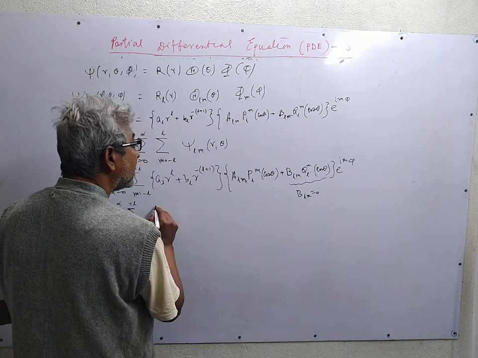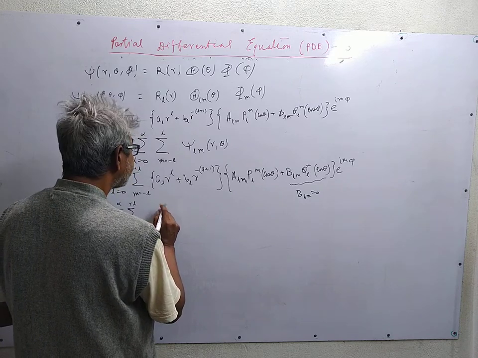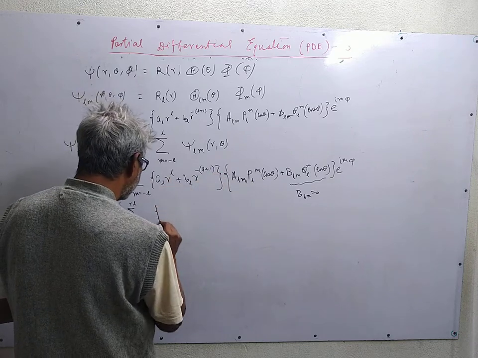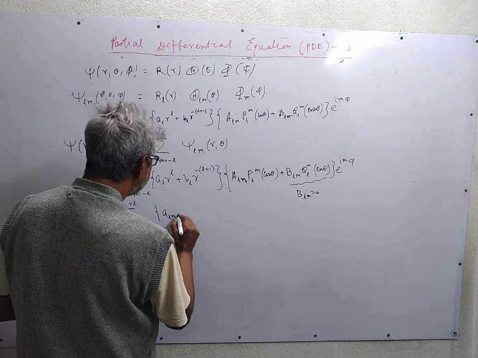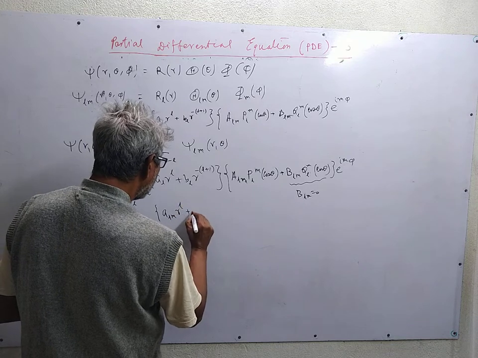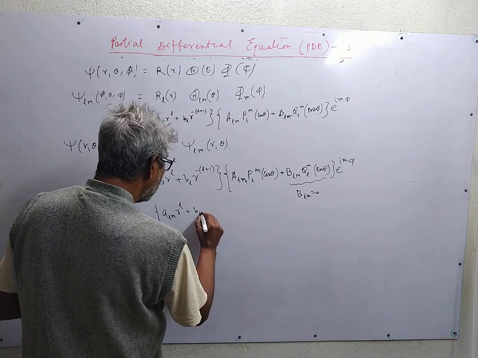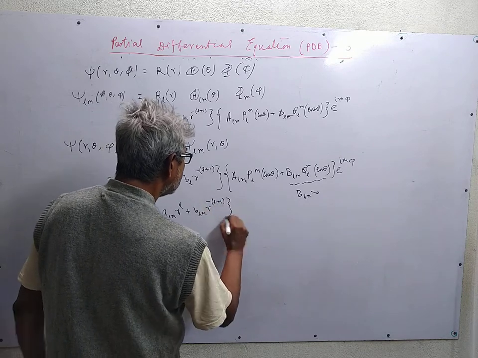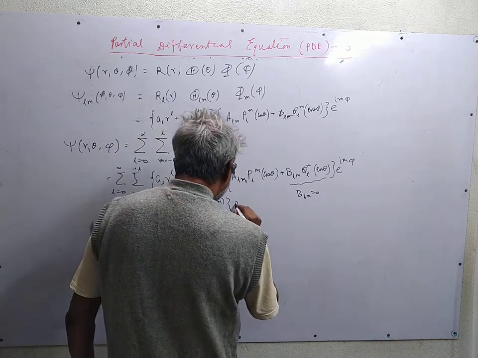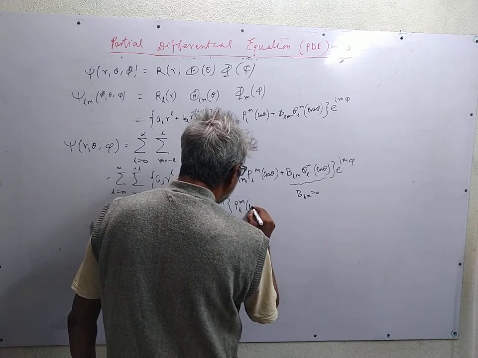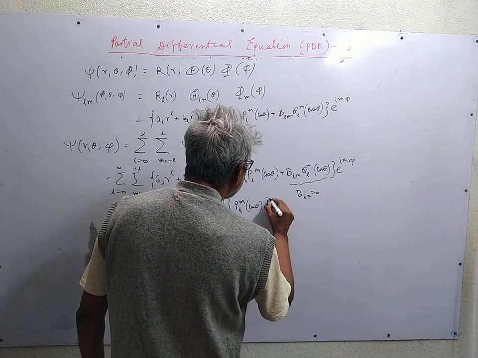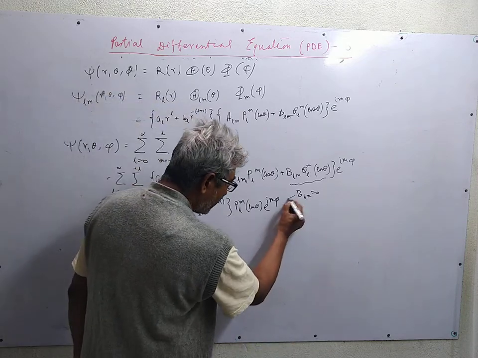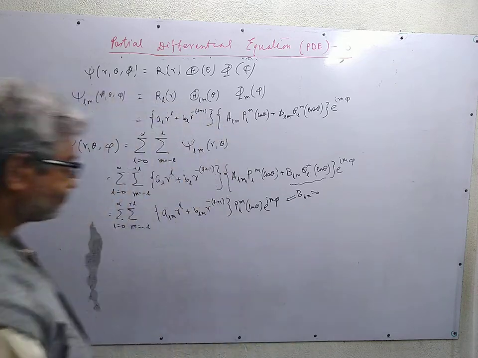So we write it as a single constant that will be adjusted: ALM r to the power L plus BLM r to the power minus L plus 1, PLM cos theta e to the power Im phi, with B is equal to 0 when BLM is 0.